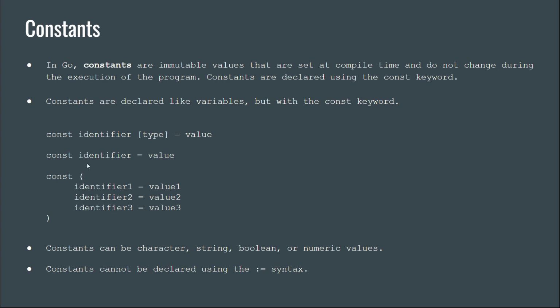Then we have const declaration without type. If we want to declare multiple constants at the same time, we can use this factored block. A constant can be a character, string, boolean or numeric value in Golang. But we can't use the short variable declaration syntax, colon equal, to declare a constant.